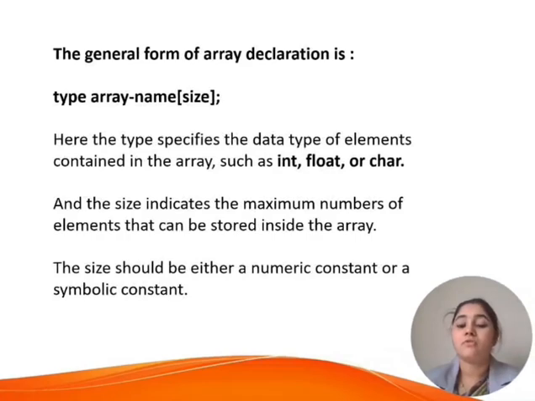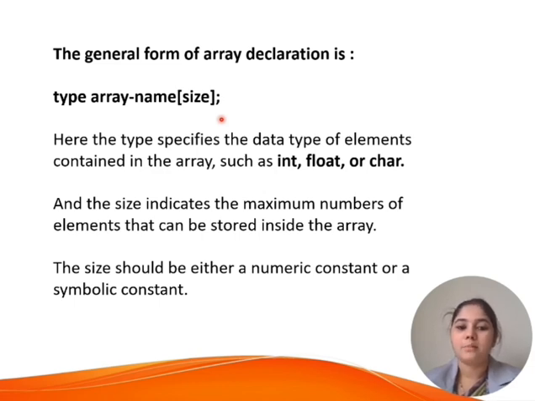So the general form of array declaration is type, that is your data type, followed by array name, followed by the size. Here the type specifies the data type of the elements contained in the array. It could be the integer data type, float data type or character data type. Next, we have something called size. Size indicates the maximum number of elements which can be stored inside an array.